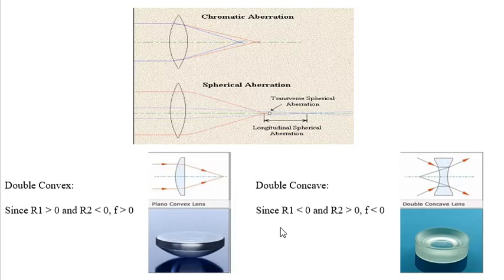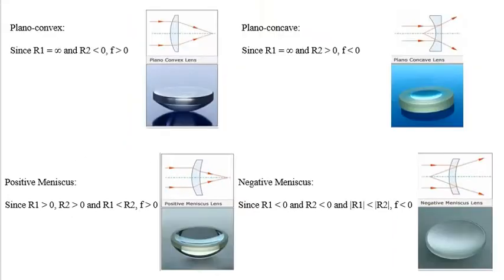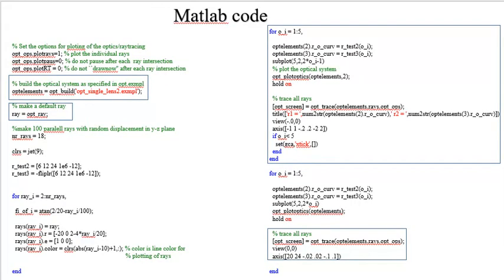Double concave is a negative lens which produces a virtual image behind the lens by negative focal length. And for the other lenses, which are positive and negative, you can see for each case we have a different focal point.